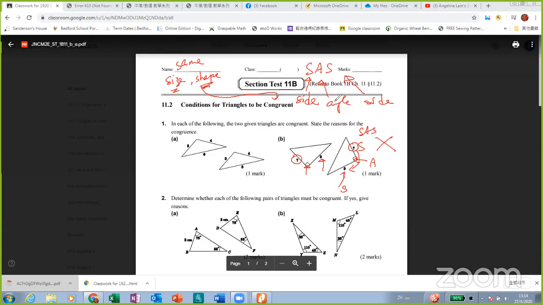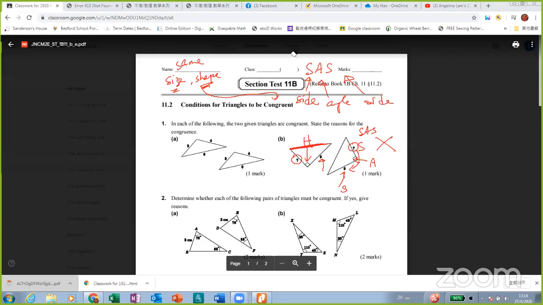Now, once again, listen carefully. This is H. The length which is opposite to the right angle is called the hypotenuse. And in short, we just use the letter H to represent this one.